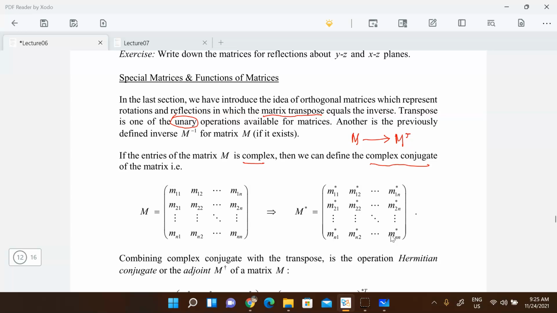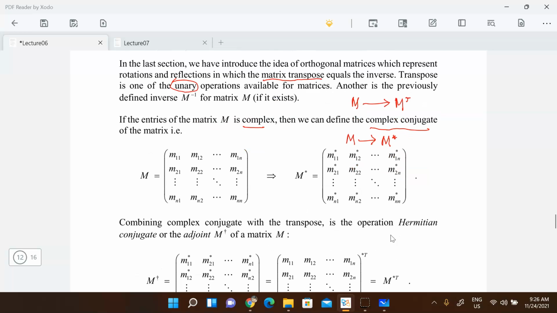So I will have your transformation or operation being simply equal to that. These are the unary operations that you can easily have.